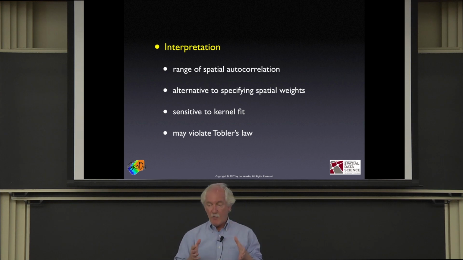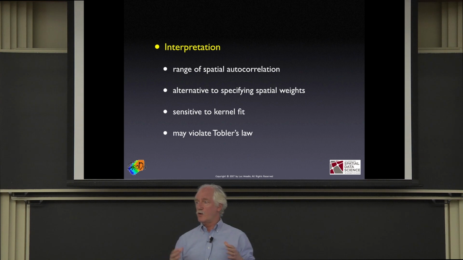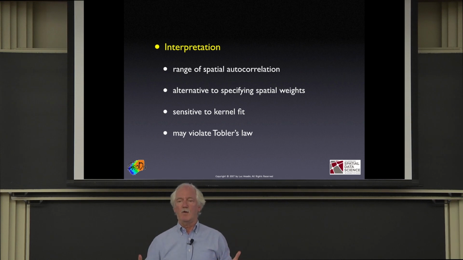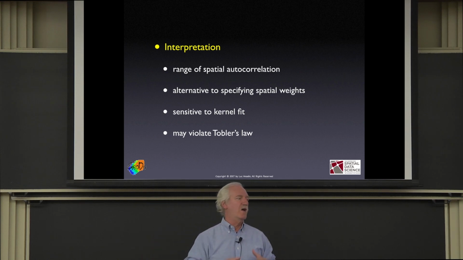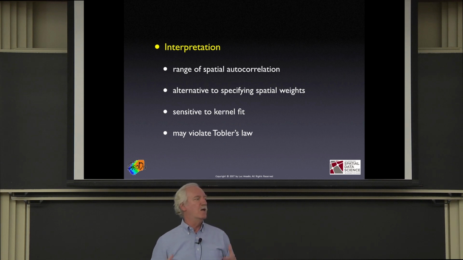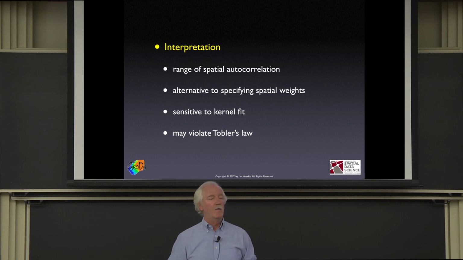So I really like this as a quick and dirty sense of the range of interaction that we might have in the data. And if you have lots of data, like in typical real estate transactions, where you have hundreds of thousands of data points, and you want to do an analysis that is free of spatial autocorrelation, you figure out the range of interaction, you resample, and you're good to go.